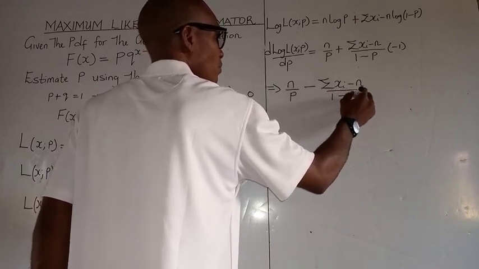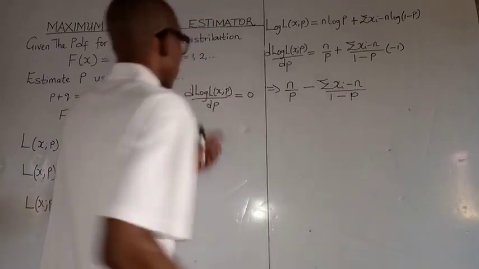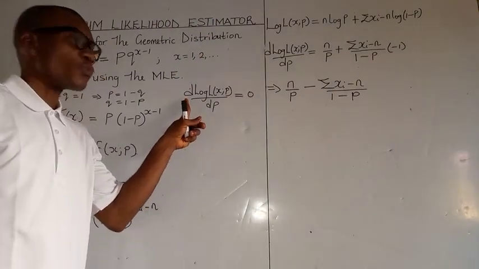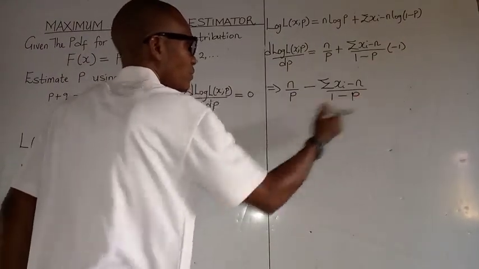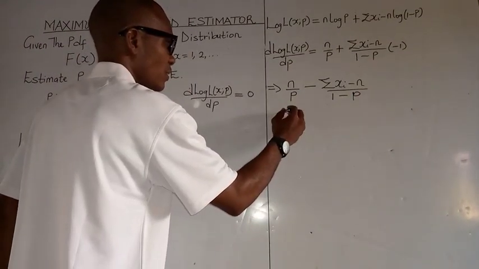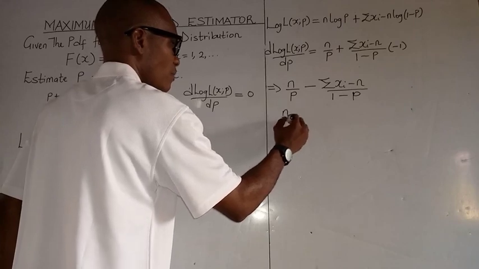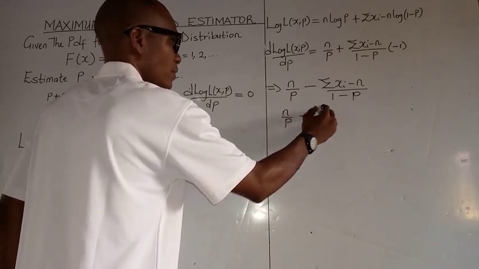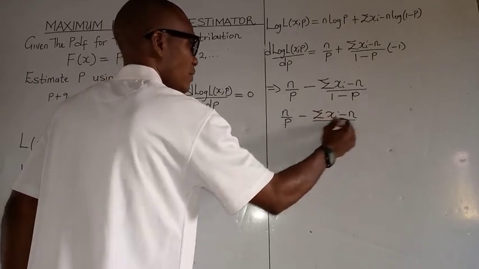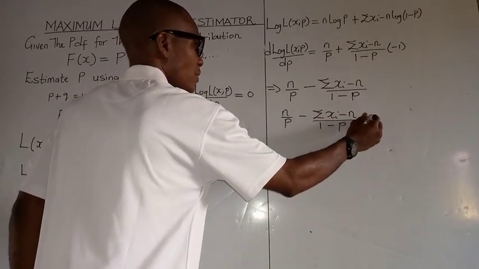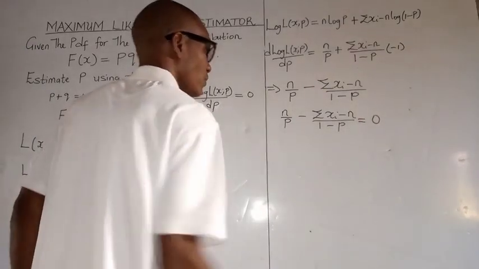Like we said, once we take the differential, we equate it to 0. So we equate the whole of this to 0, which is n over P minus summation of xi minus n over 1 minus P equal to 0.